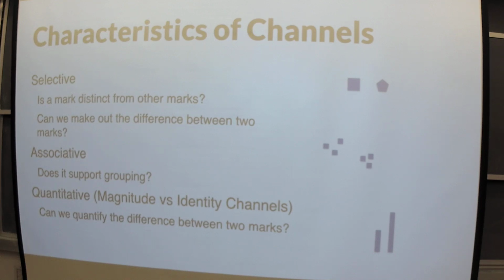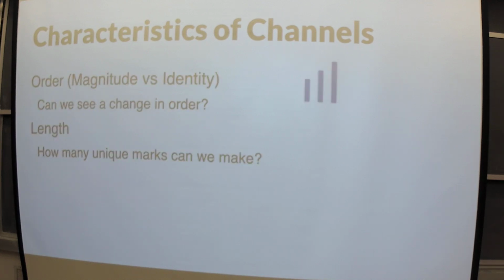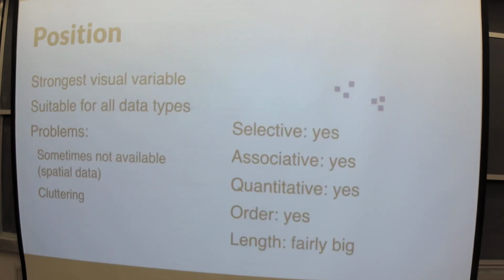That's basically the distinction between magnitude versus identity channels. Can we quantify the difference between two marks? Then order: can we see a change in order? And then length here means how many unique marks can we make? You'll see that this all varies considerably depending on the channel that we talk about.